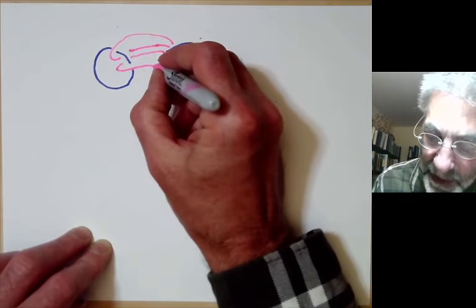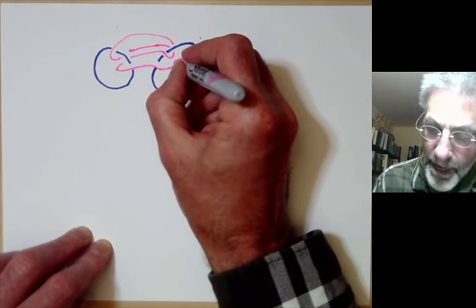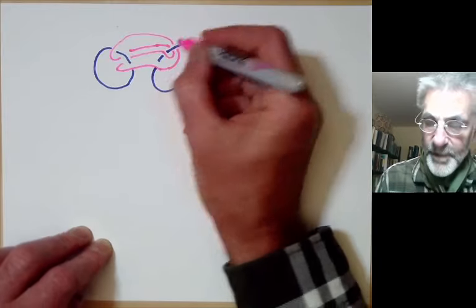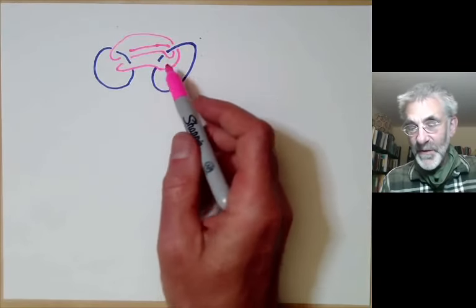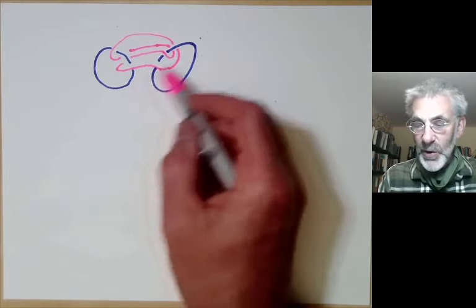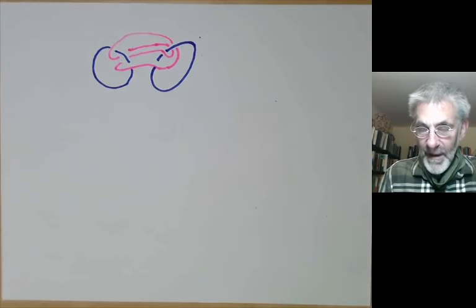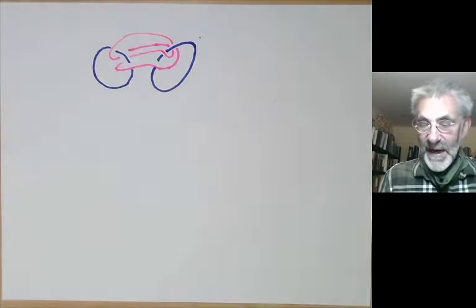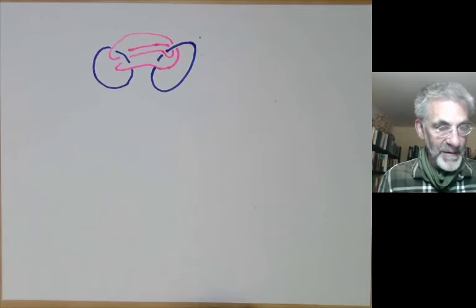So there. Now, I think it's sort of intuitively obvious that this pink loop can't be taken off these 2 blue circles.